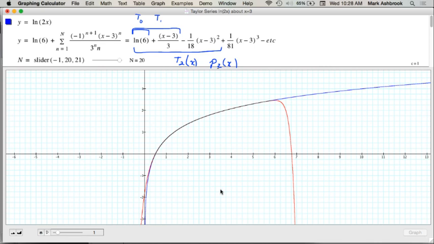If the Taylor series was centered at a greater x value, would it have a greater radius of convergence? Yeah, so for instance, if we had centered this Taylor series at 7, then all our Taylor polynomials would be centered at 7, would get the function value right, and all the derivatives right there.